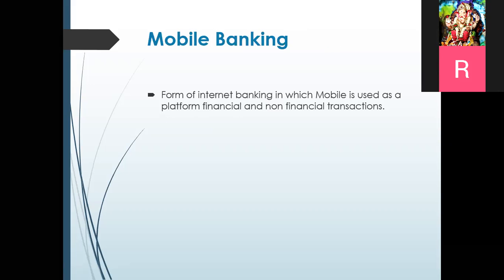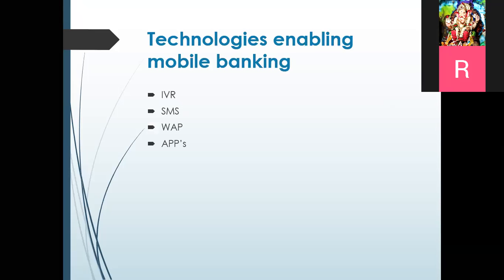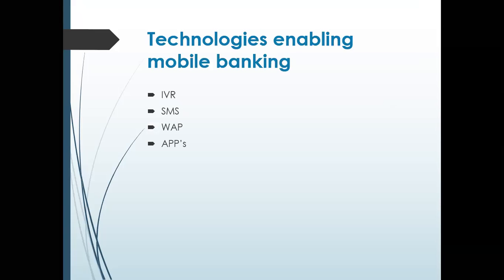Then we also studied mobile banking, where we said that internet banking on your mobile is nothing but mobile banking. The various technologies that enable mobile banking include IVRs. Can somebody tell me what is IVR? Interactive voice response.